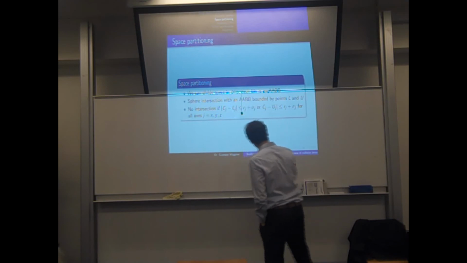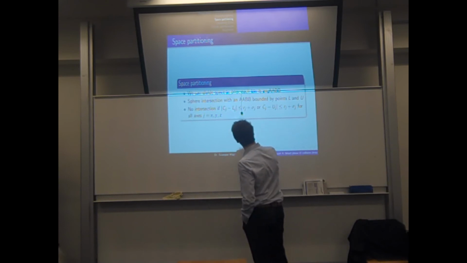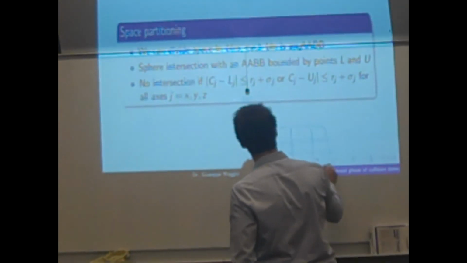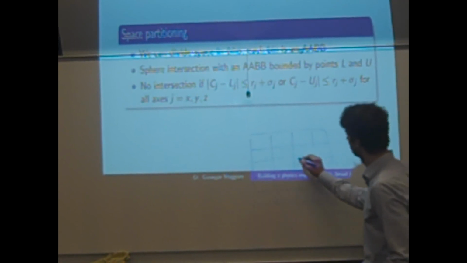So, you have a bunch of bins. And this is a matrix of bins, or a 2D array, or however you want to call it. Alright? Now, you have a point, which is usually the center of a sphere, like this point.